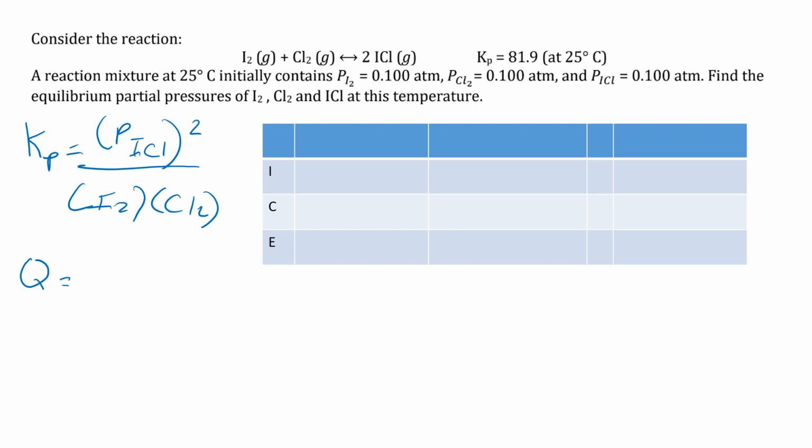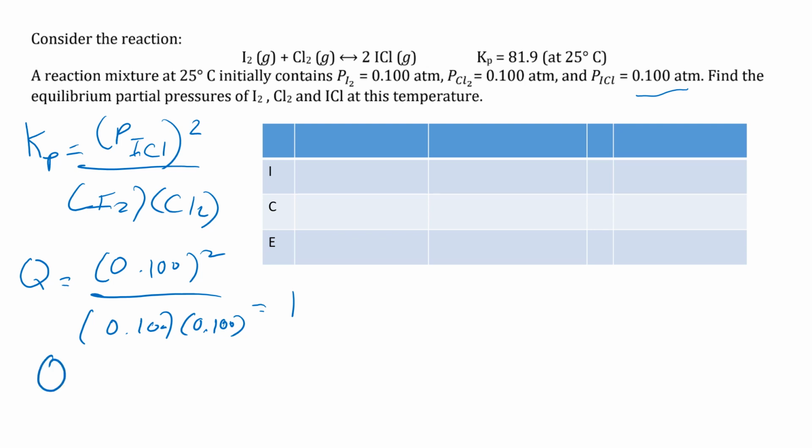So I'm going to plug in my values from my problem: 0.100 squared over 0.100 times 0.100, and that equals 1. So my Q is less than K. That means my reaction will need to go to the products.